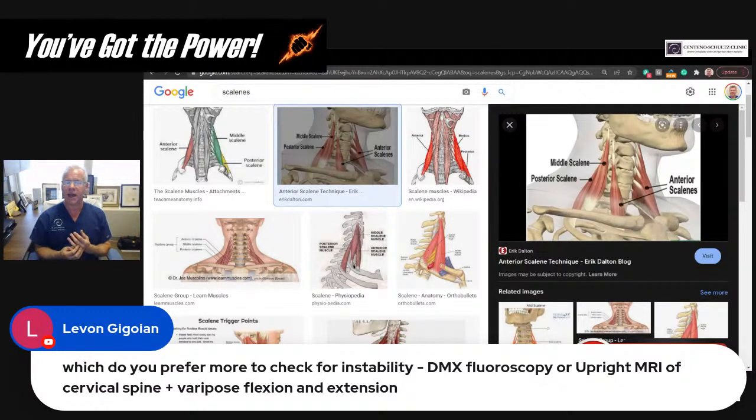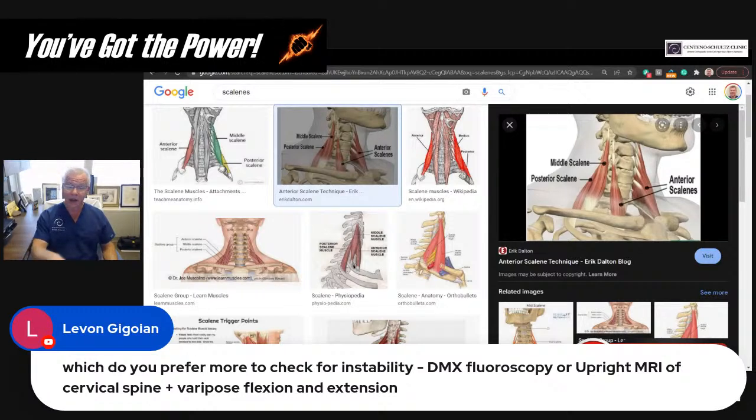When I see a new patient who I think may have CCI, they're coming because they've read about this online, and these symptoms seem to match what they have. So do I have this or not, doc? If I had to pick one of those two that is more likely to get me to a CCI diagnosis in a patient that then requires the PICL procedure, it would be the DMX.